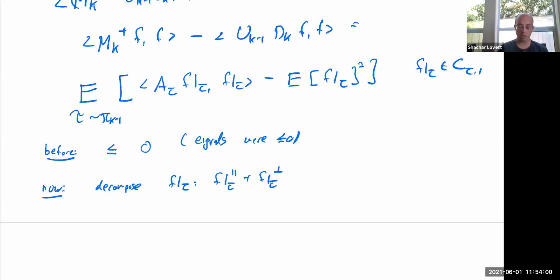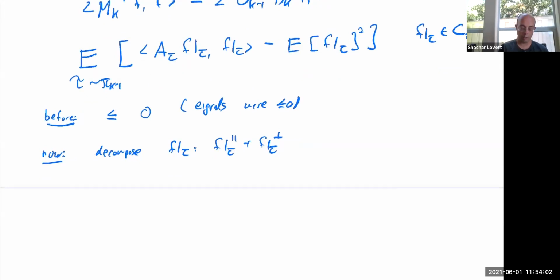And now, what is A tau applied to f tau? It's going to be A tau on the parallel part plus A tau on the orthogonal part.